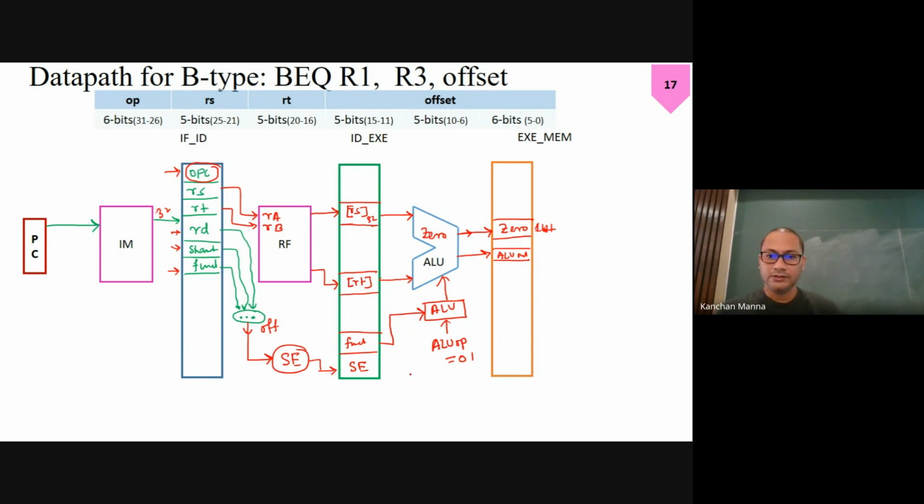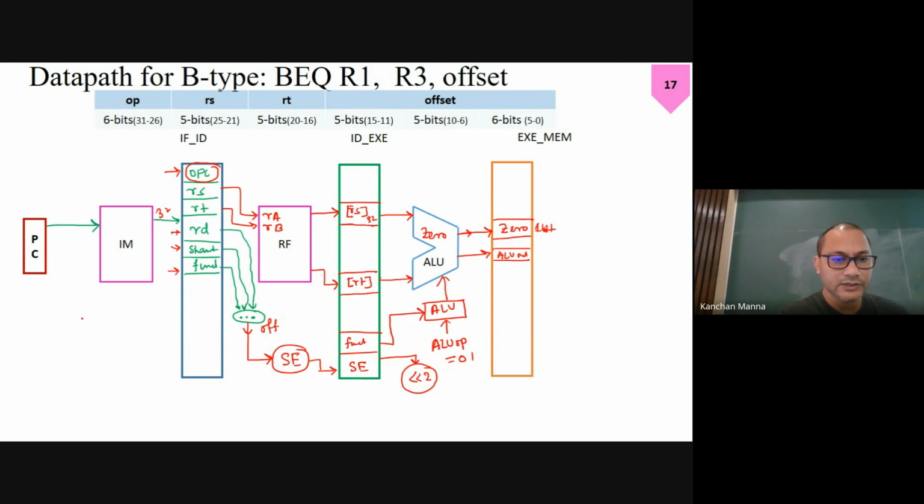Let's say we have this unit. And then we have to add it with PC plus 4, and PC plus 4 is not available. What do we have to do?